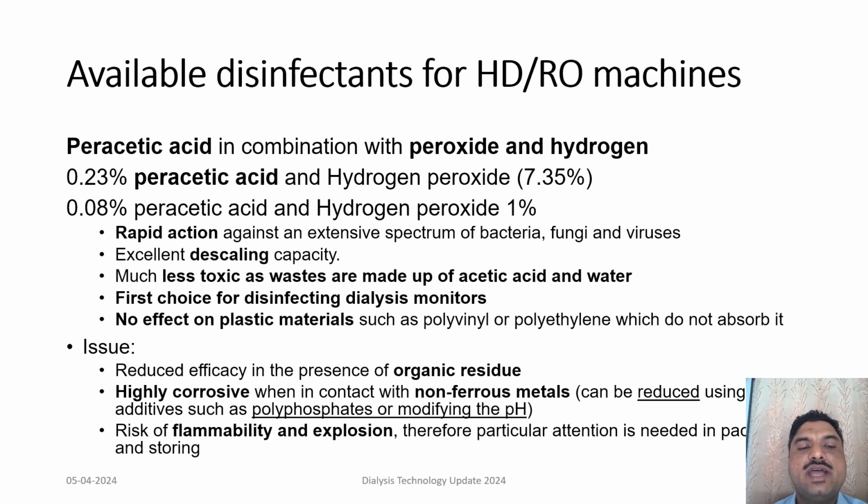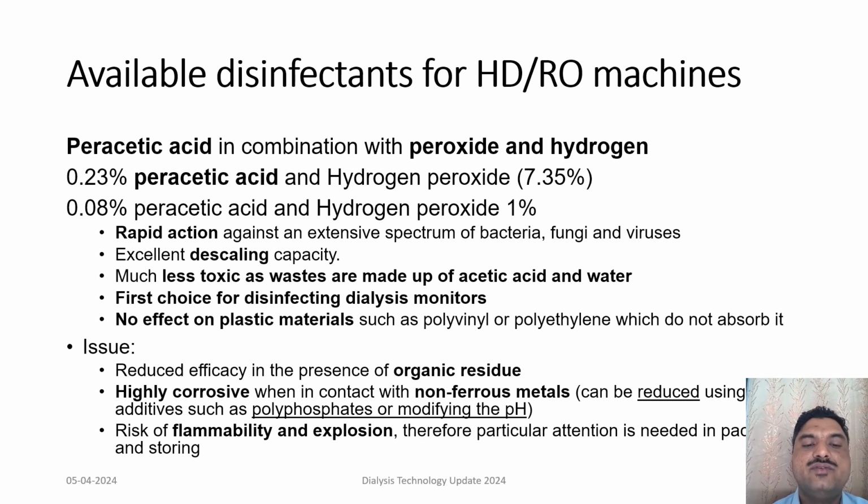It has a very rapid action against an extensive spectrum of bacteria, fungi, and viruses. It has the added benefit of descaling capacity, and it is much less toxic because it disintegrates into acetic acid and water, which are non-toxic. That is why it is the first choice for disinfecting the dialysis monitors.